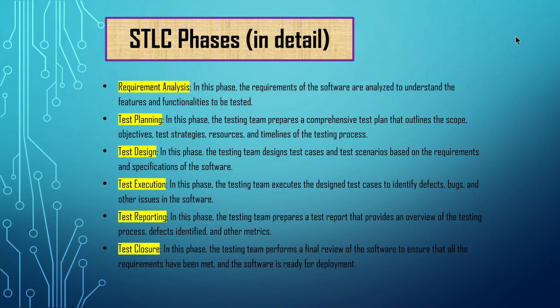So the test reporting: in this phase the test team prepares a test report that provides an overall idea of the testing process, defects identified, and other metrics. Here I also talk about the test reporting phase, which is the next step where you are preparing your test results, putting them in a report and then saving it somewhere in the shared drive or SharePoint, wherever your project team saves their data.